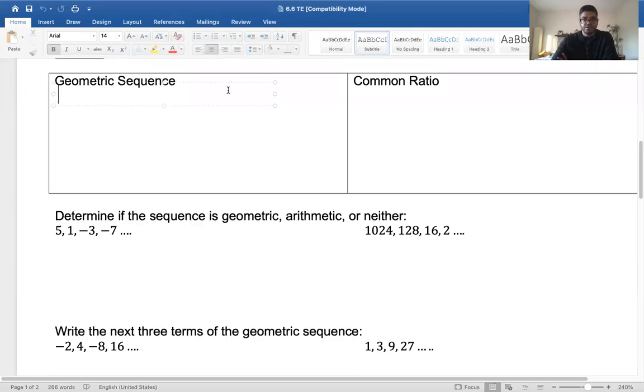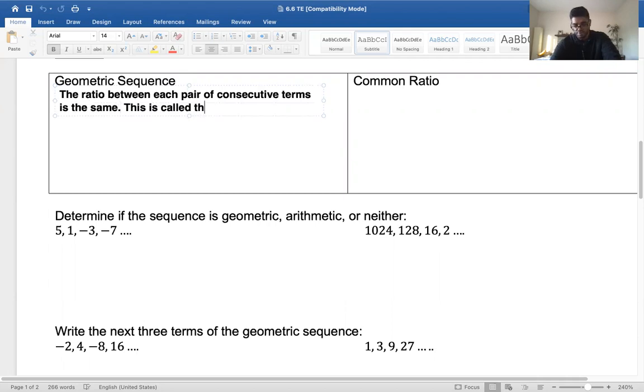So what is an actual geometric sequence? Type out this definition here: a geometric sequence is one where the ratio between each pair of consecutive terms is the same.